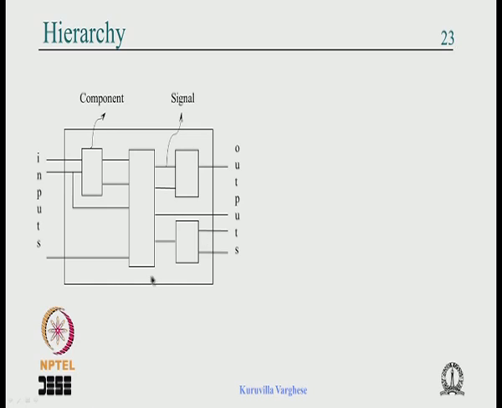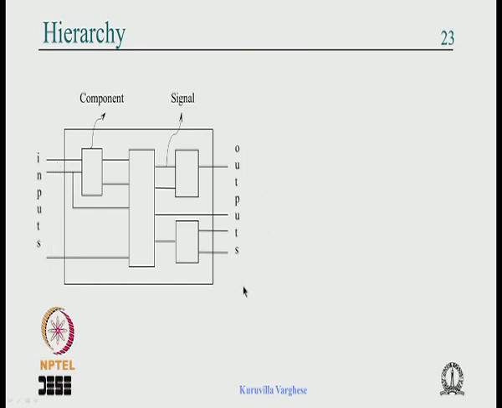So when you have a top level entity which is built up of the black boxes from the level 2 or the bottom level components, then what is done is that for the top level entity you give a name, and as usual you define the inputs and outputs.